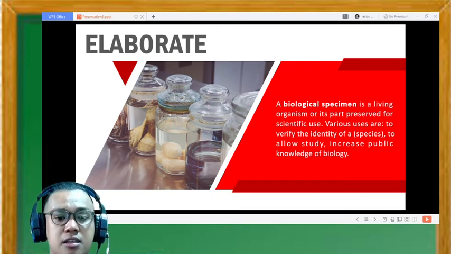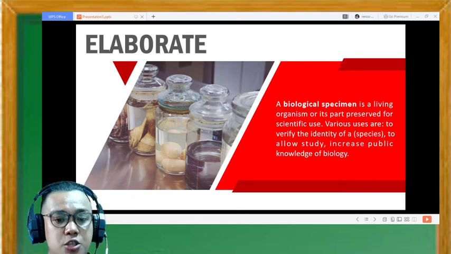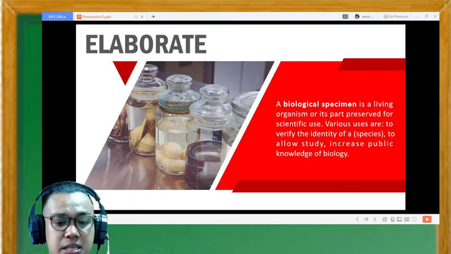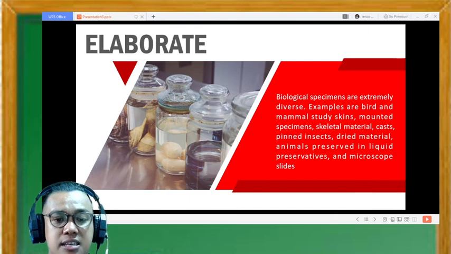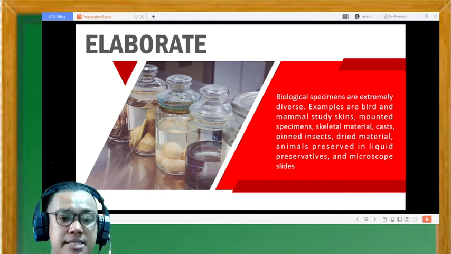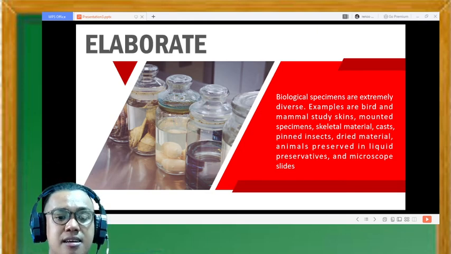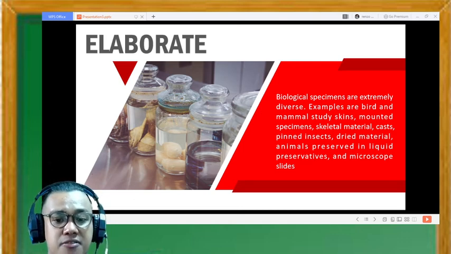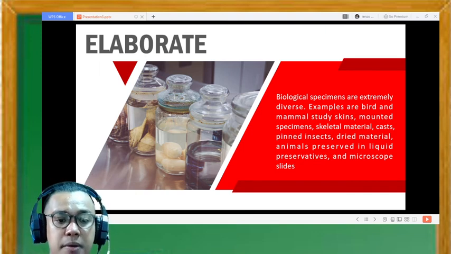Various uses are to verify the identity of species, to allow study, and to increase public knowledge of biology. Biological specimens are extremely diverse. Examples are bird and mammal study skins, mounted specimens, skeletal material, cast insects, dried materials, animals preserved in liquid preservatives, and microscope slides.